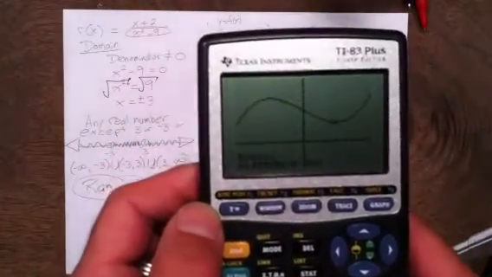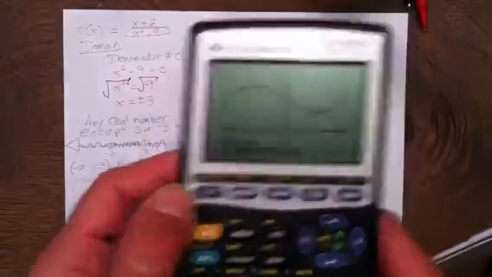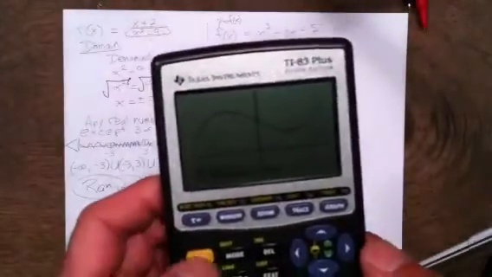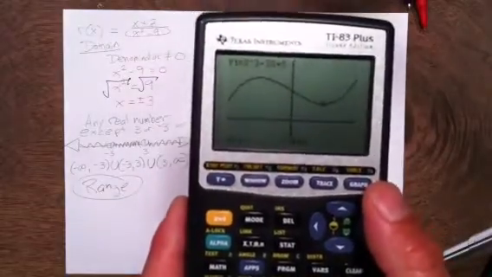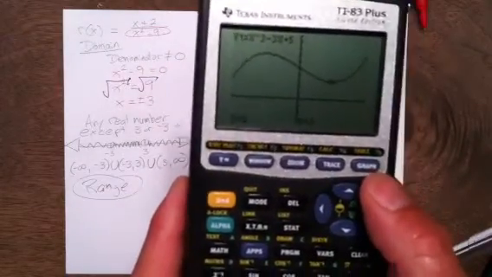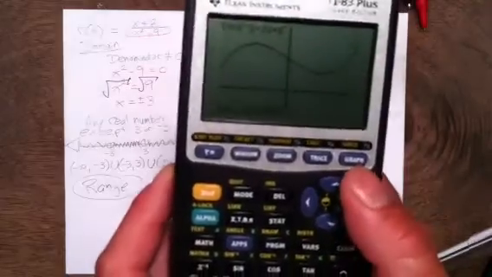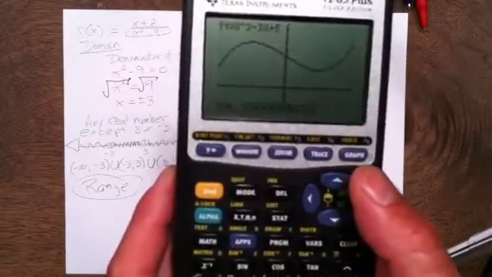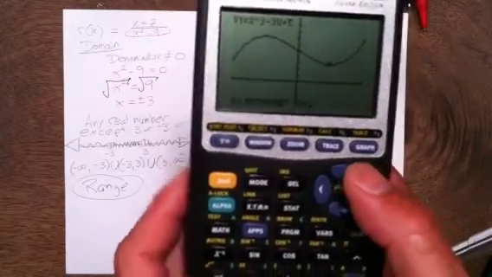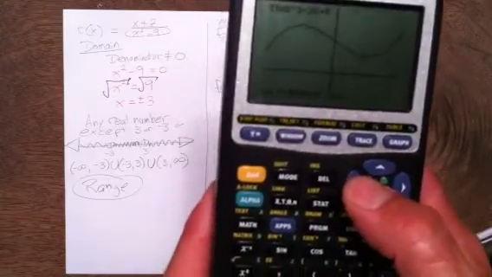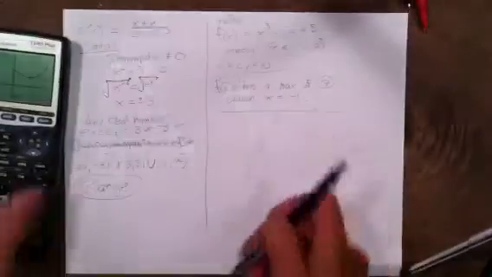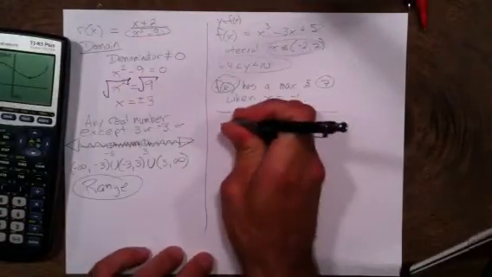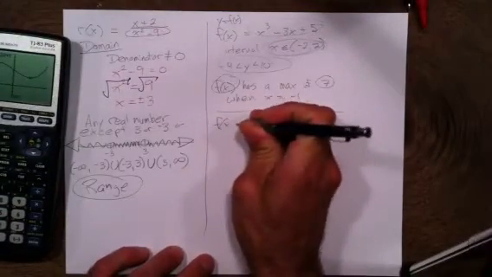Okay, and it looks like it's at (1, 3) roughly. And just to double check, I could hit trace, 1, enter, I get 3. If I type 0.9999987, something like that, it still gives me 3, but it's not really. Trust me, it's actually (1, 3). It's a weird thing about calculators, they don't give you exact answers some of the time.